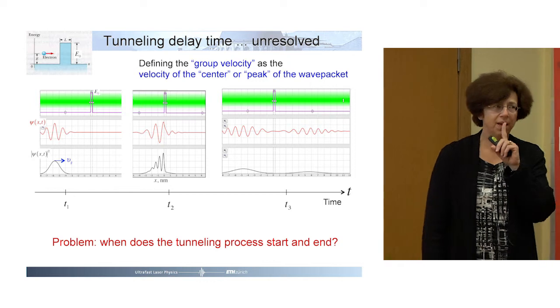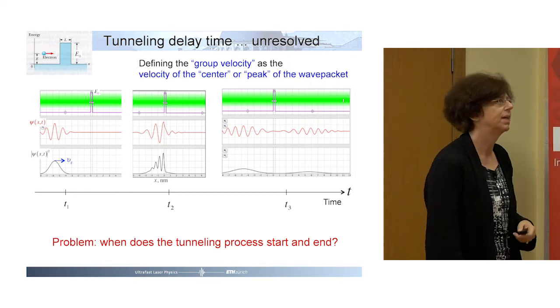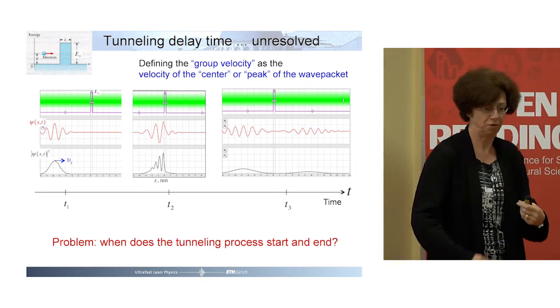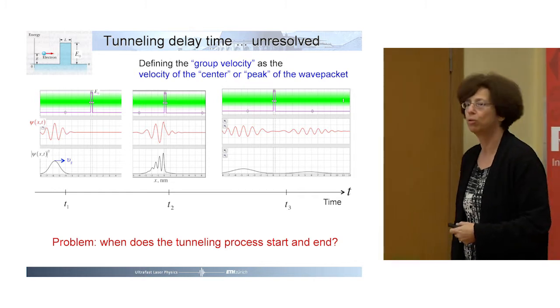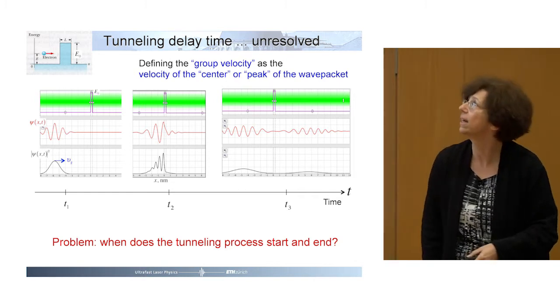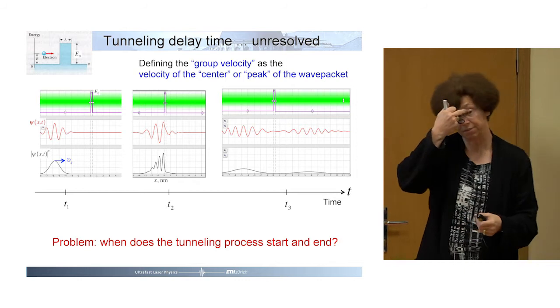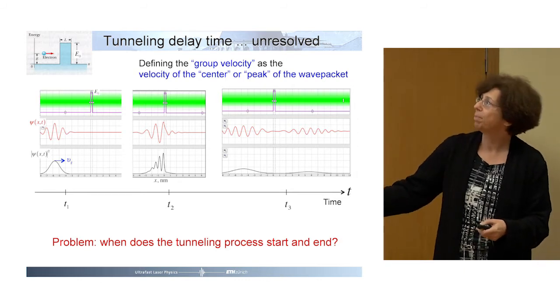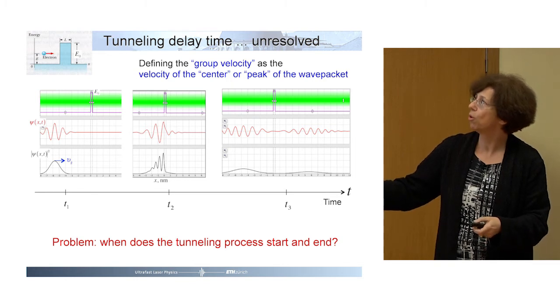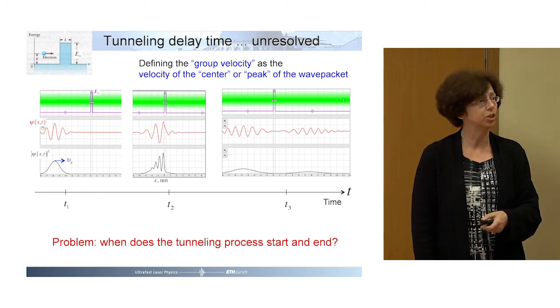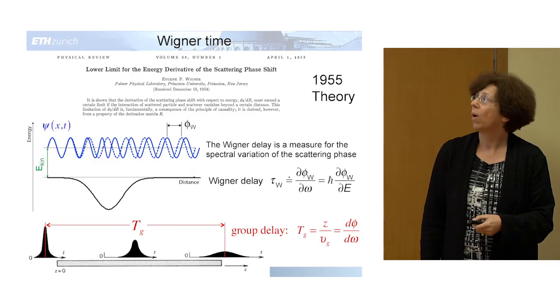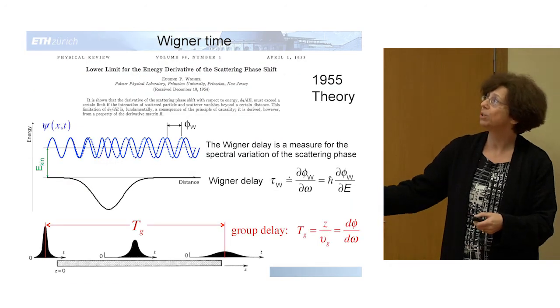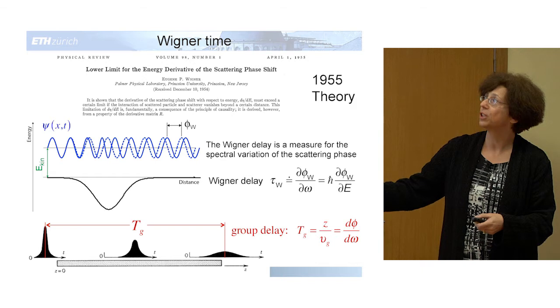So let me just explain to you why the tunneling time when you follow the peak of the wave packet is also referred to as the Wigner time. It actually goes back to 1955, where basically, when a material wave goes over a potential, we know that while this wave is propagating through this, you obtain a phase shift.